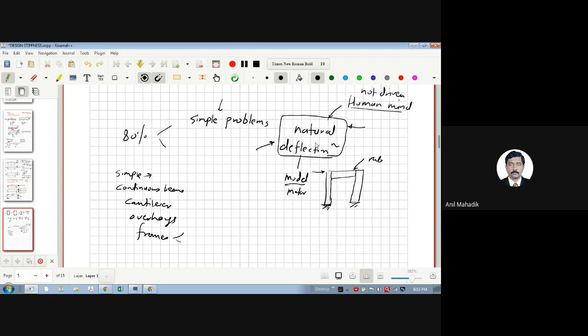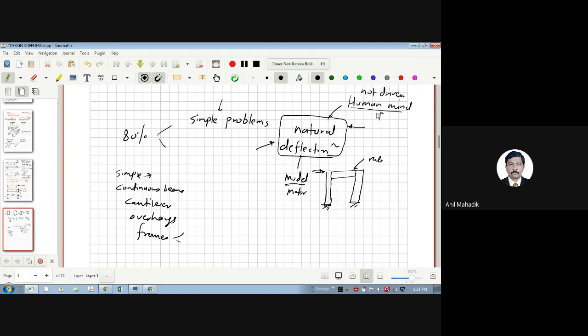But at least remember the shapes for horizontal load, vertical load, point loads, UDL and all, for fixed supports, pinned supports, because that is the basis for multi-story frames.